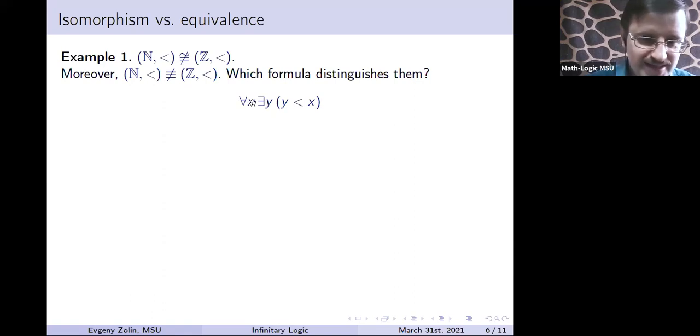Today we will even see that this is the smallest formula in the sense that we need two quantifiers. We cannot distinguish these two models by simply one quantifier. Moreover, we cannot distinguish these two models by a formula with many quantifiers, but in which every quantifier is at level 1. In this formula, this is level 1, the first quantifier.